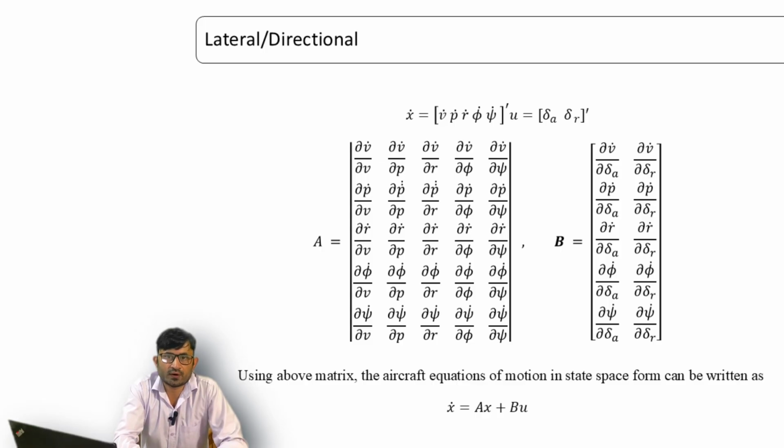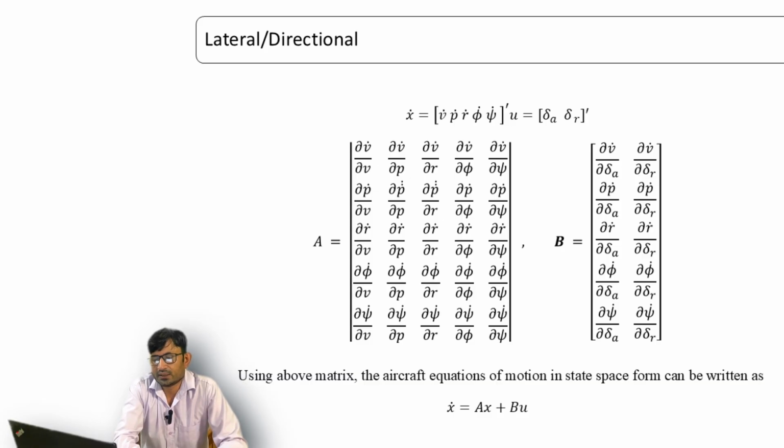So if we want to find the system matrix A, we have to take a Jacobian. Using the Jacobian we can find the A matrix. You take the first row, V dot, and differentiate with all the state variables. Similarly, the second row, P dot, differentiate with all state variables.